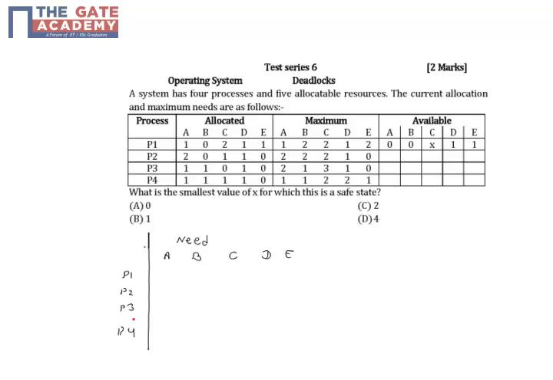So 1 minus 1 is 0 for P1A. For P1B, 2 minus 0 is 2. Similarly for P1C, 2 minus 2 is 0. 1 minus 1 is 0. And then 2 minus 1 is 1. Similarly, if you get all those values, the need matrix will look like this.